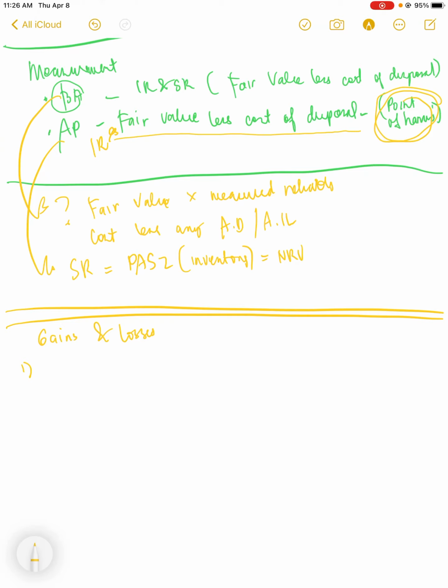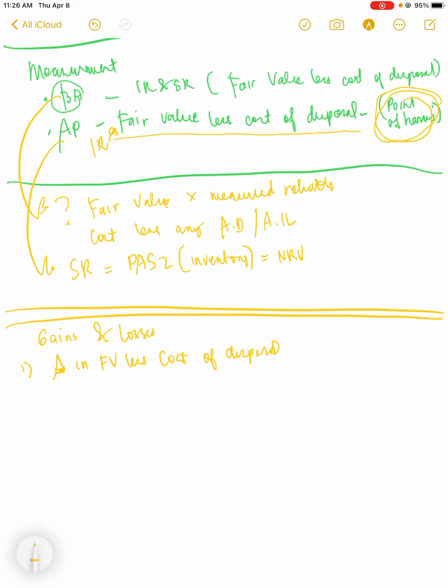At dahil fair value yan, napakalaki po ng posibilidad na ang fair value ay nagbabago. Okay? So therefore, if there are changes in the fair value less cost to sell or less cost of disposal, we have to account for the gains and losses on the change in fair values.